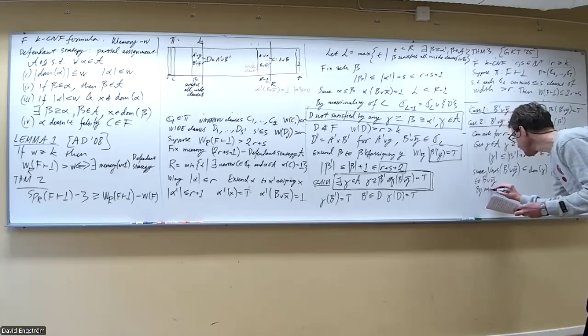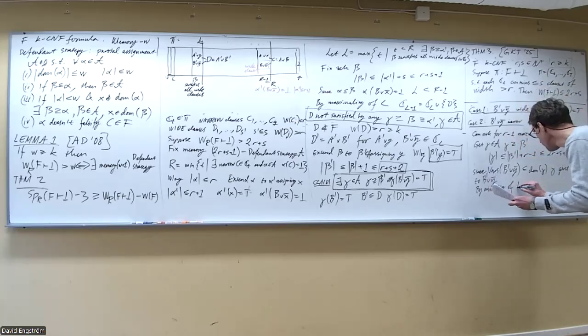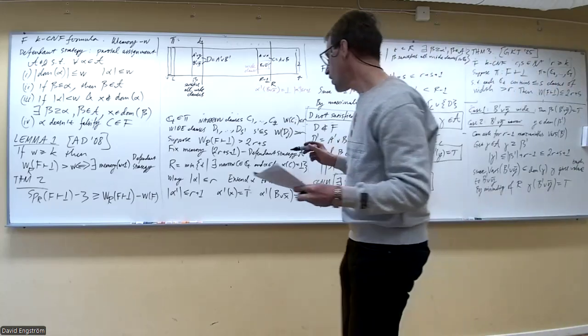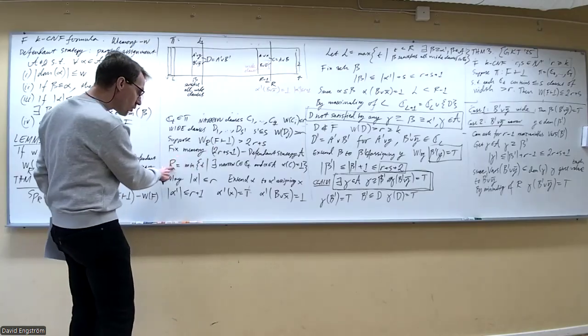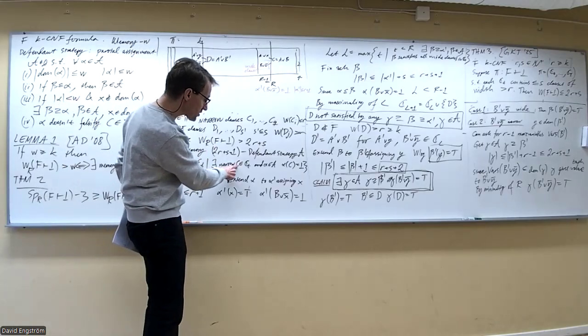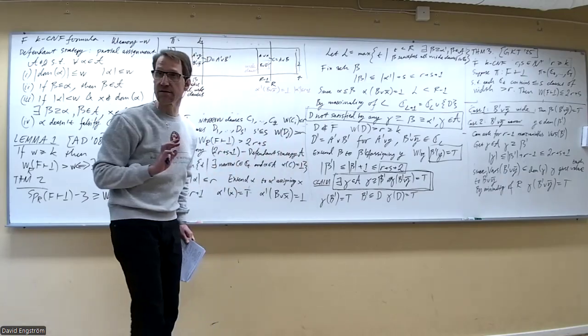By the minimality of R, note that this is a narrow clause, and gamma is in the strategy, and let's look at how we defined R. R was the first time when we found some narrow clause that was derived somewhere and some assignment in the strategy that violated this clause.